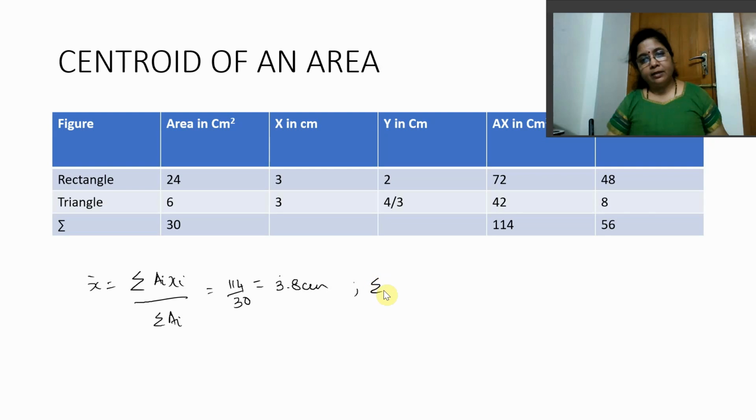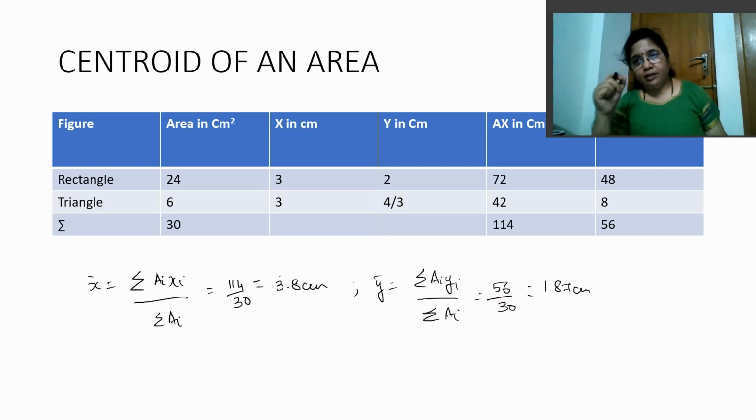And my y is going to be sigma ai yi by sigma ai, which is again 56 divided by 30, which is going to be 1.87 centimeter. This is the x coordinate and y coordinate.